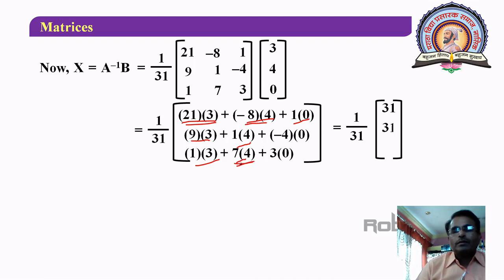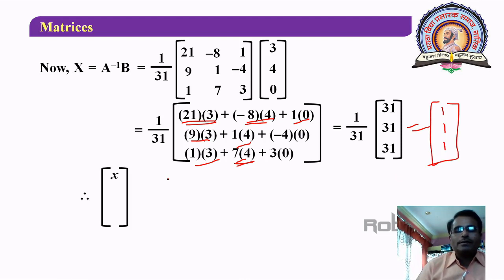So 31, 31, 31, and therefore if you divide by 31 here, this will become 31 by 31, 31 by 31, 31 by 31, so that is 1 1 1, that is your required solution.